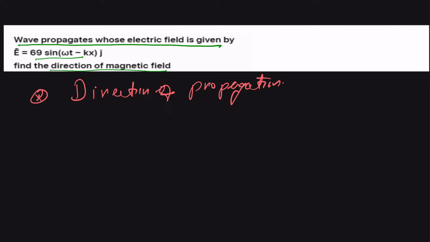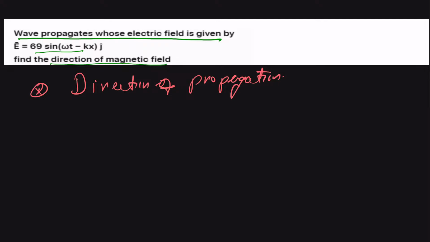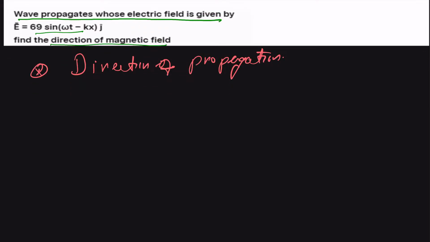From the wave equation that is given, we can write the phase of the wave, which will be equal to omega t minus k times x.